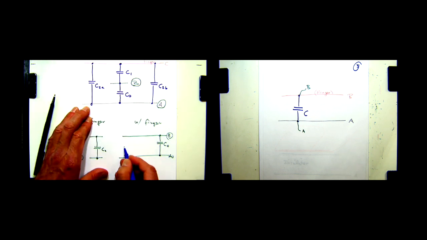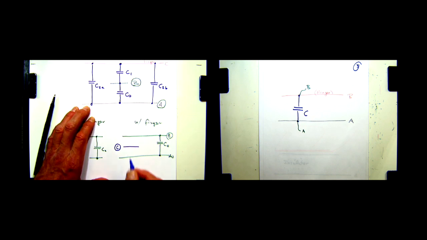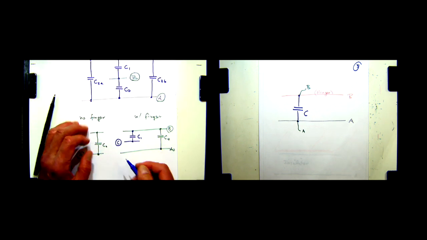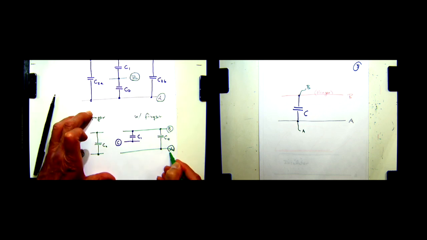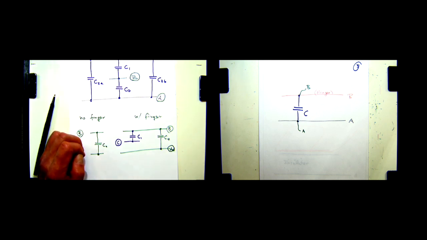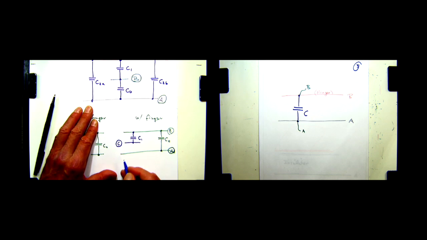So we are better off redrawing this diagram a little bit. Let's introduce the node C here in the middle. Between B and C we have a capacitor, and we call its capacitance C1. Once you draw it like this, you can easily see which capacitor goes where. Likewise between node A and C, we also have capacitors C2A and C2B.